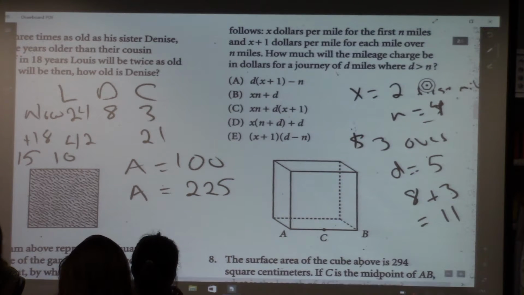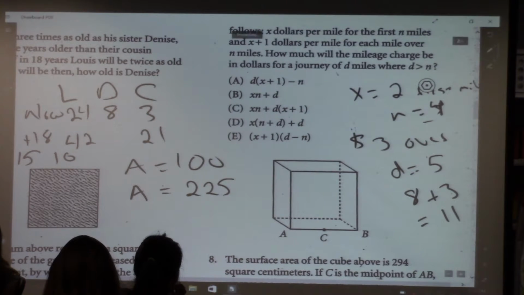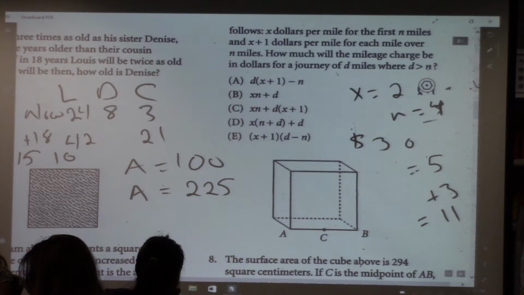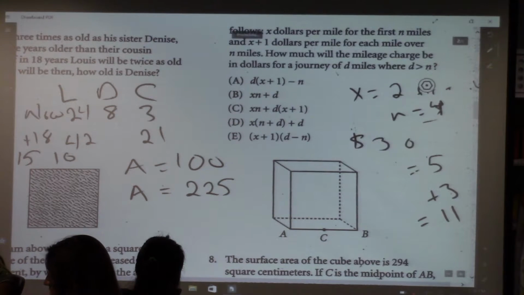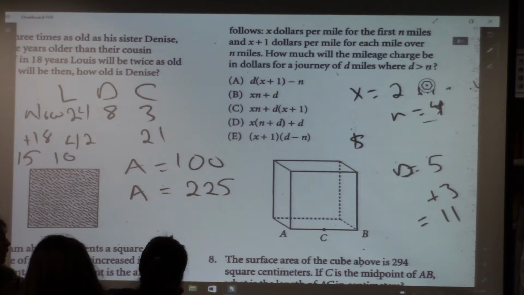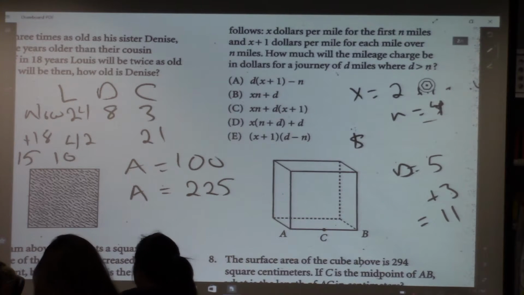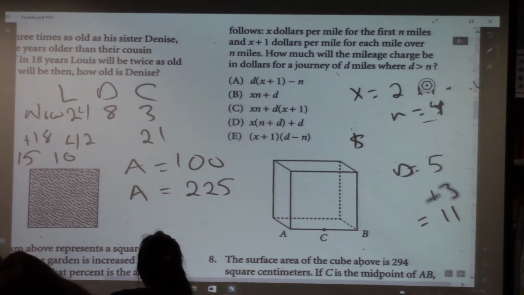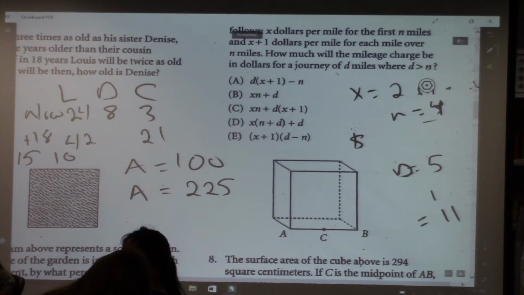Okay. Now, patient. Apparently I'm not patient enough. So now what's our last step, guys? Okay, so now our last step is we have to plug them in. So everyone go ahead and plug those in and see if you come up with the right answer. D was 5. Yeah, right? That's good.